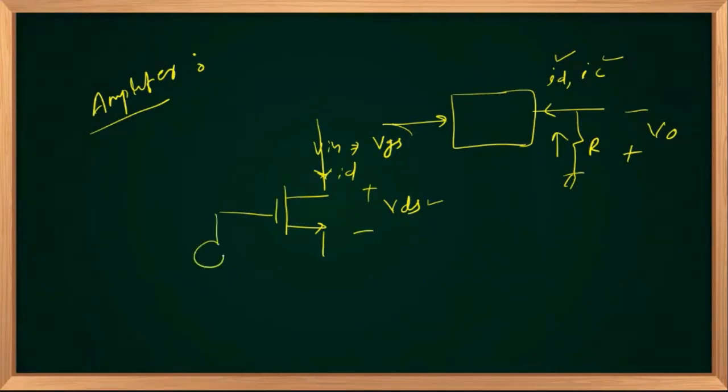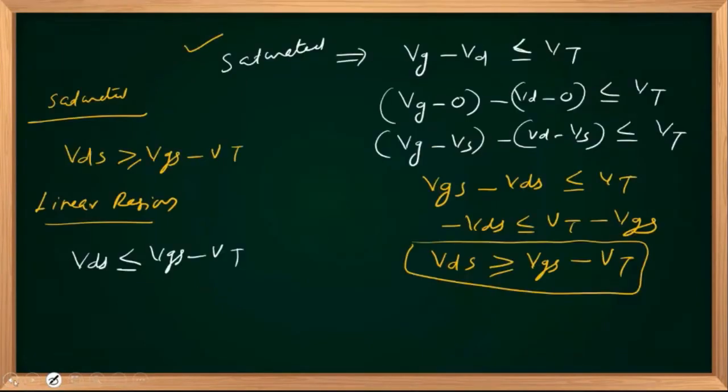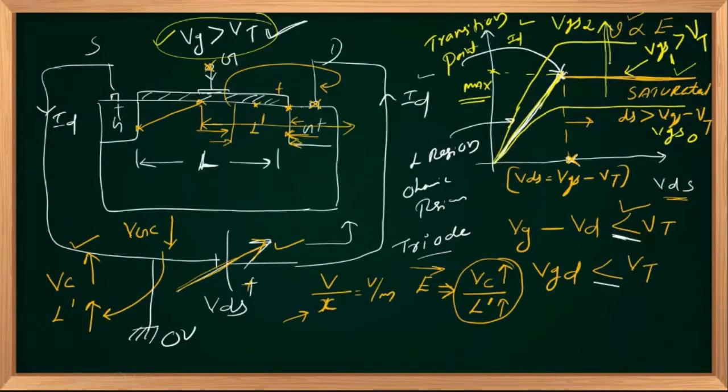For an amplifier, my input voltage VGS, gate to source voltage, and output current, drain current, should be linearly related. That relation can be observed in the active region. You see here, as your VGS increases, you have different curves with different output current ID values. As VGS increases, your output current also increases.